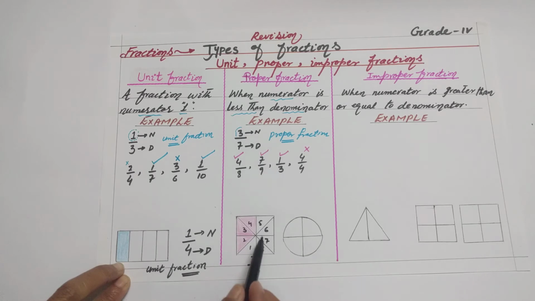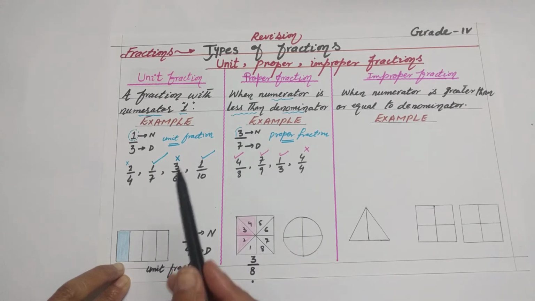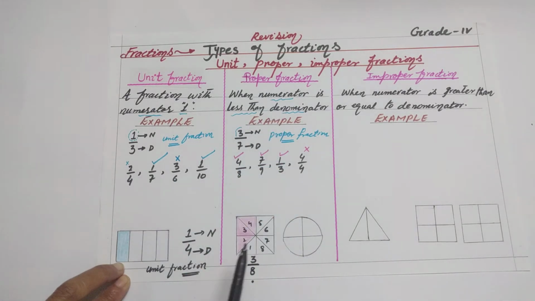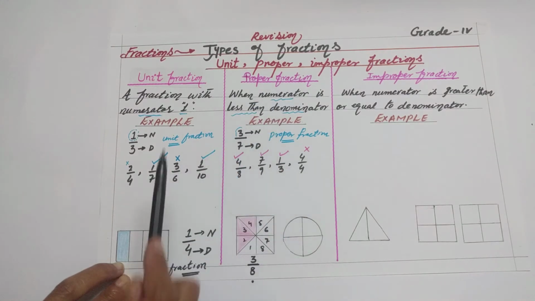So this diagram, this shape, actually represents a proper fraction, because according to this shape I have the fraction 3 by 8, and in this fraction 3 by 8, as the numerator is less than the denominator, this is a shape for the proper fraction.